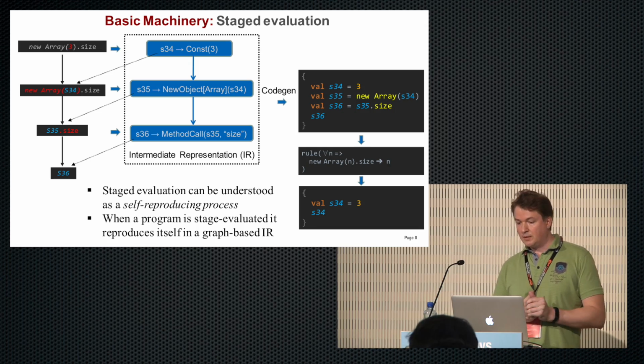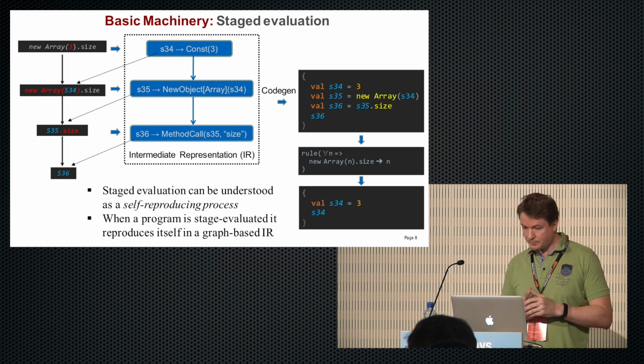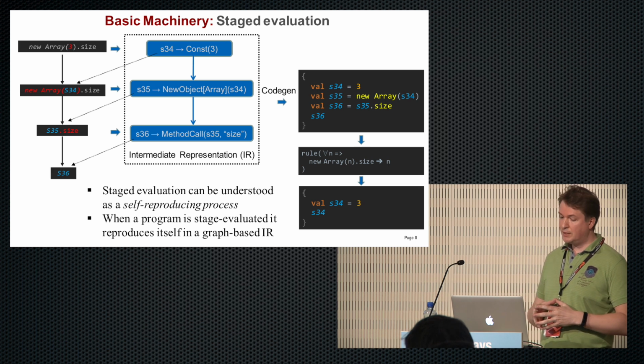Staged evaluation, on the other hand, is the technique where we give a completely different interpretation to the same expression and evaluate it not to execute it and get data as a result, but to get some intermediate representation as a result.